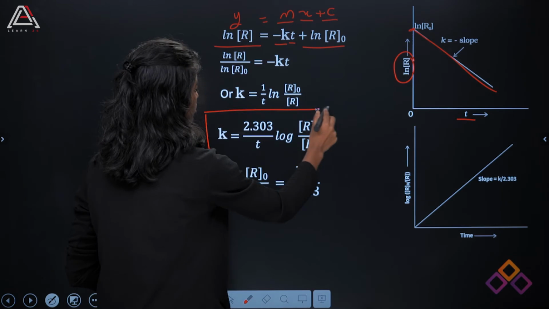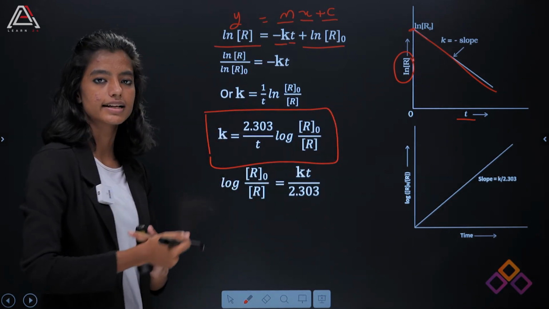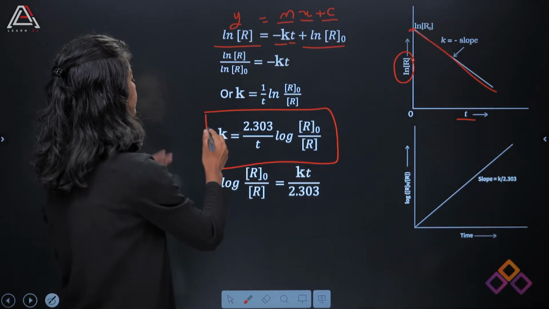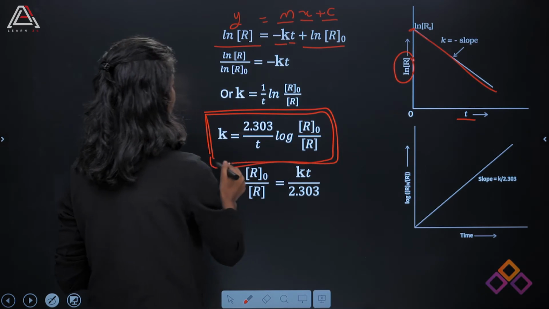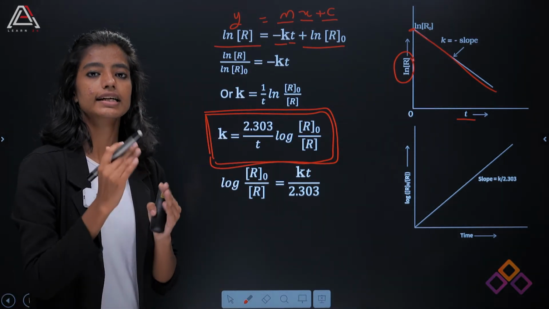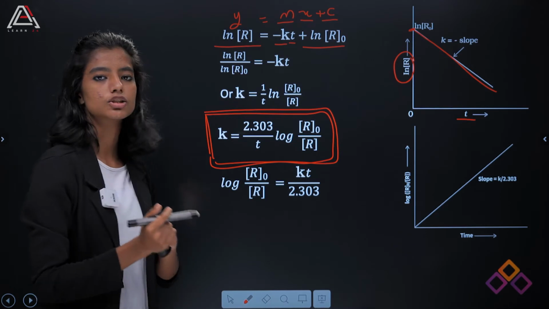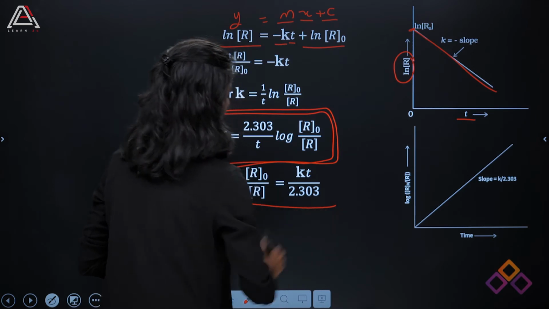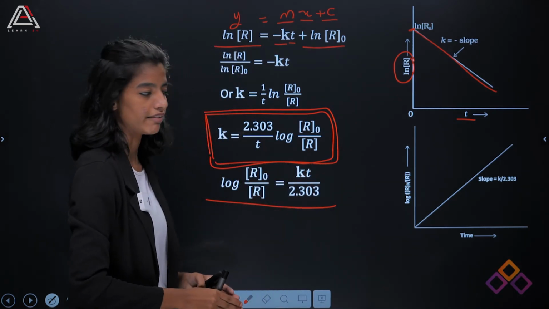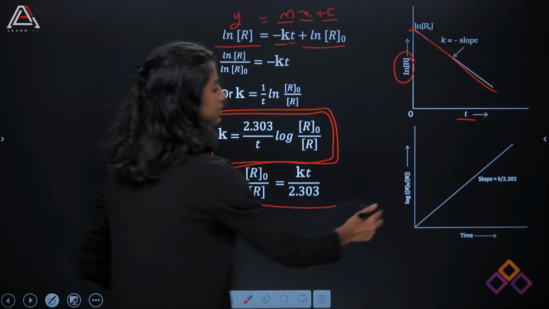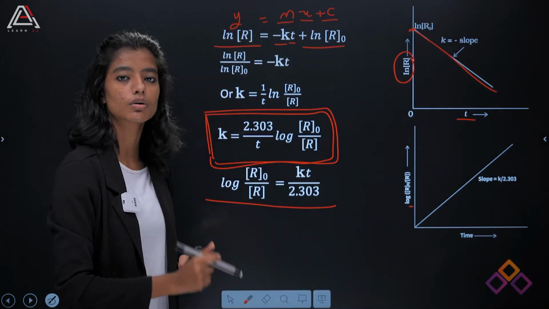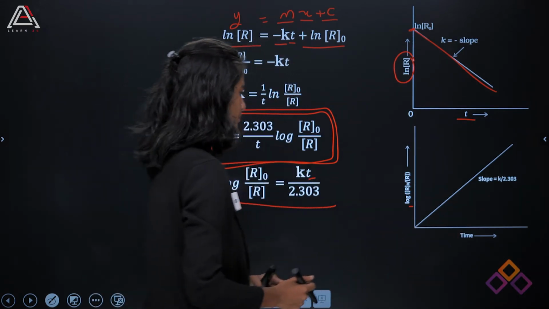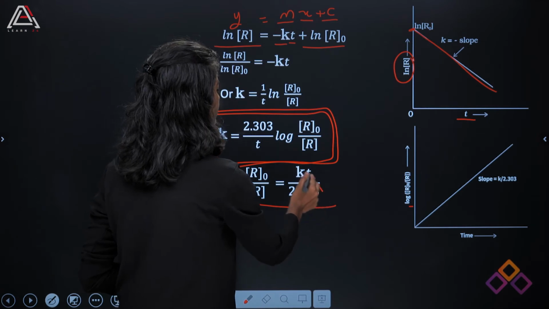And this equation is called the integrated rate equation for the first order chemical reaction. For the first order chemical reaction, the integrated rate equation is K is equal to 2.303 divided by t log concentration of R naught divided by concentration of R. By using this equation, we can again plot a graph by taking log concentration of R naught divided by concentration of R on the y-axis and time on the x-axis, and the slope will be K divided by 2.303.